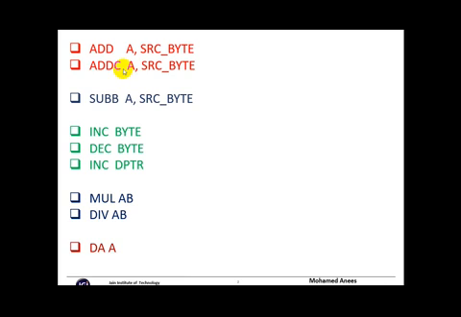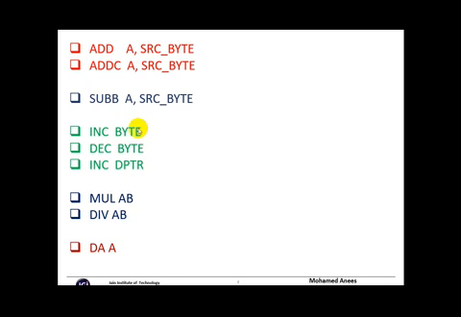We have a variant of this, ADDC, in which the contents of the source byte along with the carry flag are added with the contents of the accumulator and the result is stored back in the accumulator. We have only one subtract instruction, that is subtract with borrow. That's why whenever you perform a subtract instruction, you should always clear the carry flag. Then we saw the increment instruction, increment byte, decrement byte, and increment DPTR.